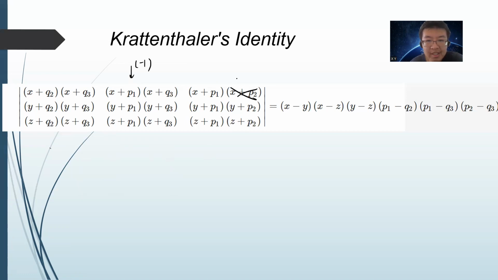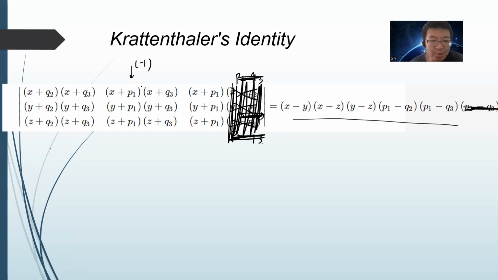Now p2 minus q3 is a constant, so I can delete it and delete the right-hand side. The remaining is to prove that this one is the same as this one.